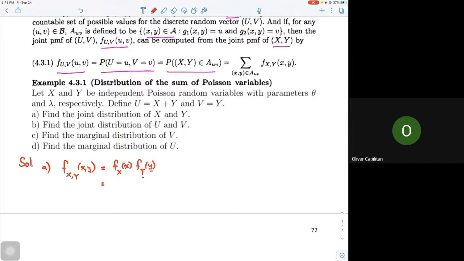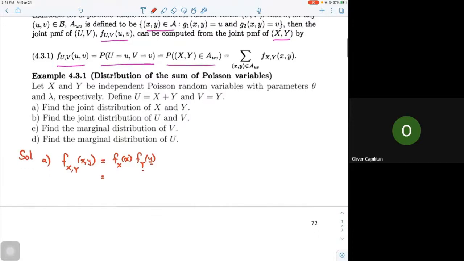And then the PMF for the Poisson distribution with parameter theta for X is theta to the x, e to the negative theta, over x factorial.